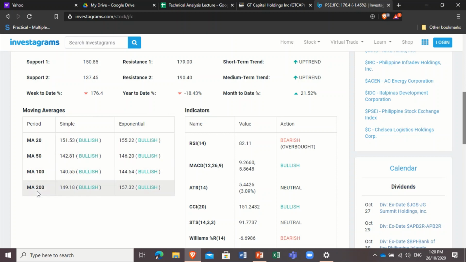It's just simply getting the mean price of the stock for this period. Again, this is used by the technical analyst to confirm trends and to forecast the performance of a stock price at a particular period.